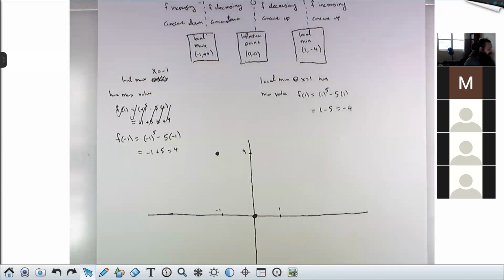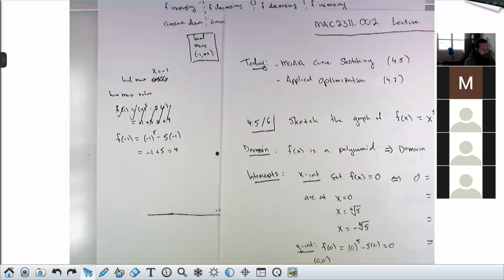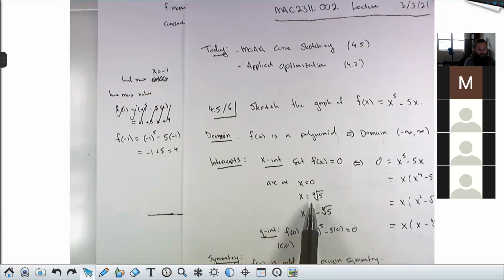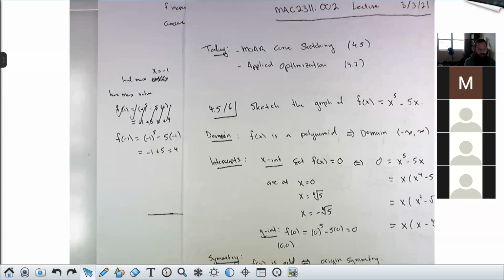And then I had these x-intercepts from the very start, remember. I had intercepts x equals 0, fourth root of 5, negative fourth root of 5. About how big is the fourth root of 5? This is something we should be asking ourselves. The fourth root of 4 is the square root of 2, which is about 1.4.